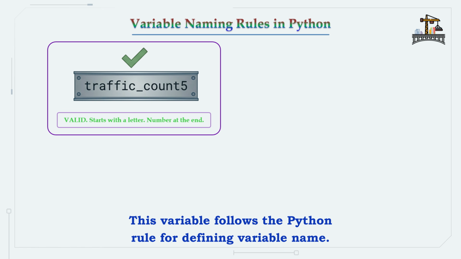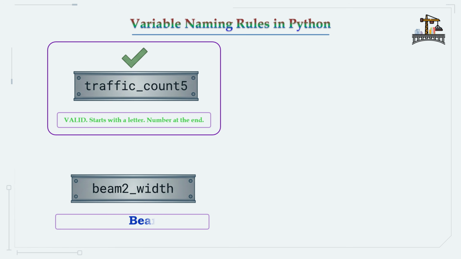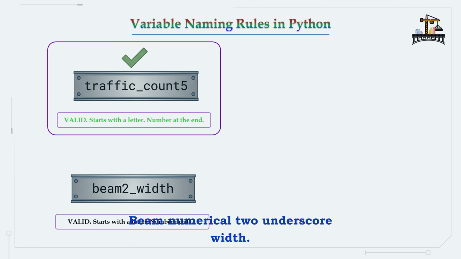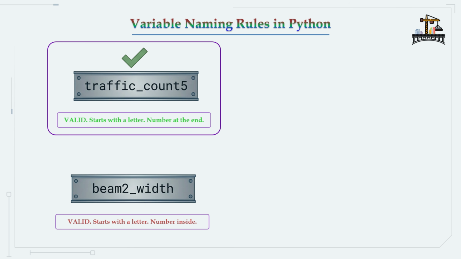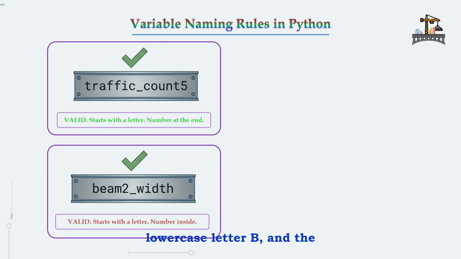This variable follows the Python rule for defining variable name. Now consider this second example, bin2_width.